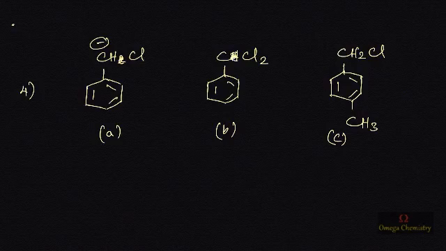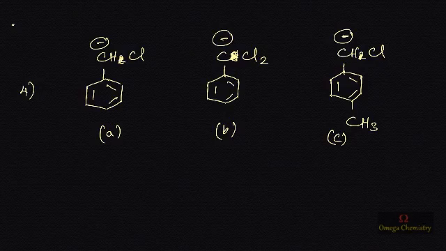Here this hydrogen will be leaving, and this species is going to be generated in compound B, and of course in compound C this is the intermediate that is going to be generated.